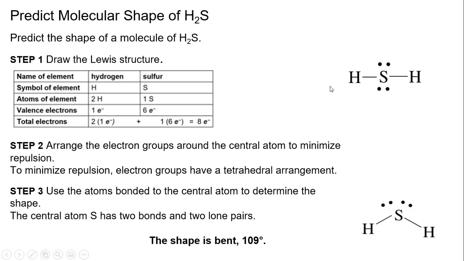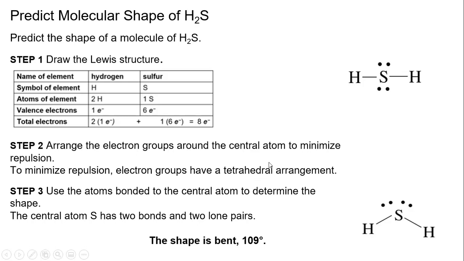Now we need to arrange it. So you would just draw it, and you would try to draw it in a way that you think doesn't get the repulsion. Remember, lone pairs take up a lot of space. So you think that this would look this way, but the problem is this is flat, and we have to draw it more as a 3D to give it a better understanding of what's happening. So to minimize repulsions, electron groups have a tetrahedral arrangement.